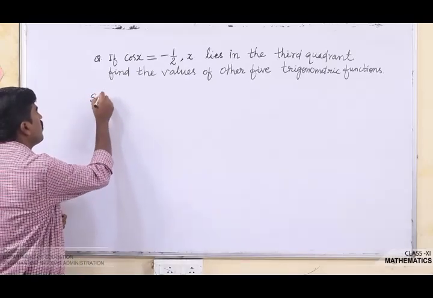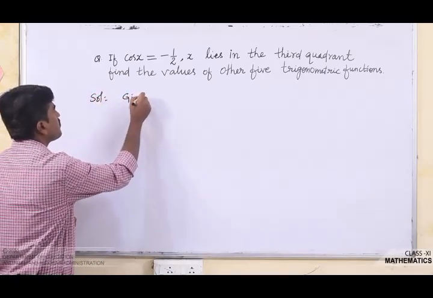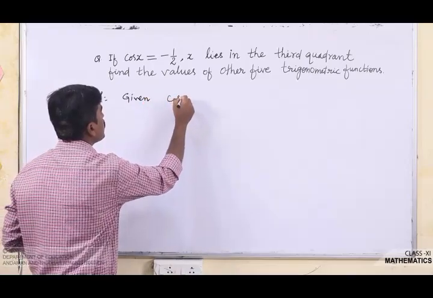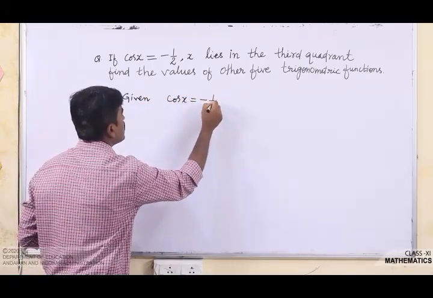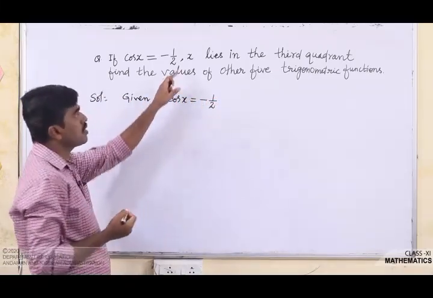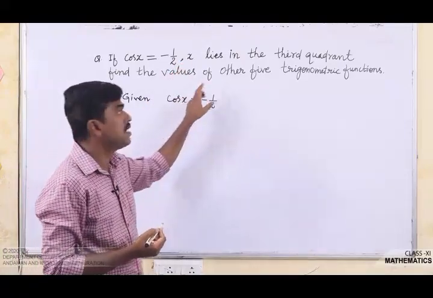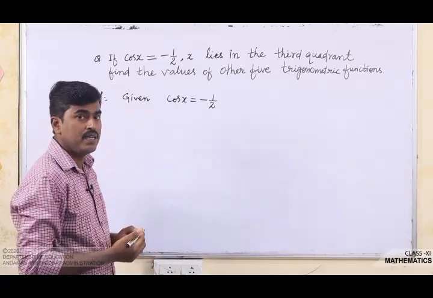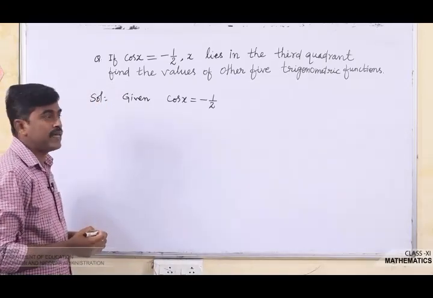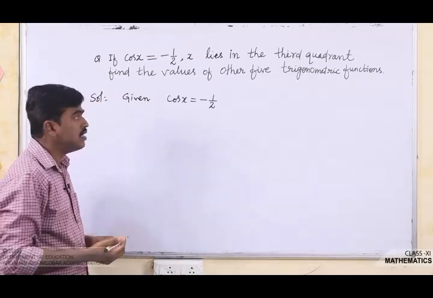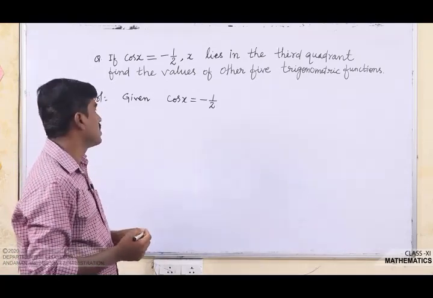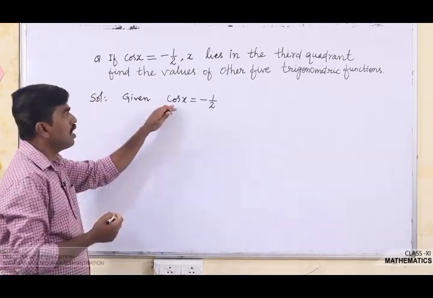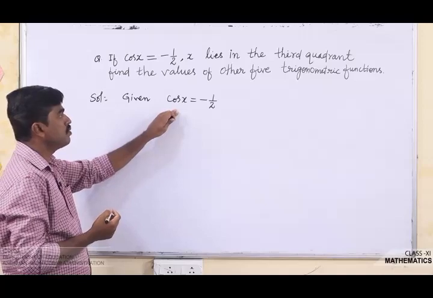So, given cos x is equal to minus 1 by 2 and it is also given that the angle x lies in the third quadrant. That means x is greater than pi and less than 3 pi by 2, that is, x is greater than 180 degrees and less than 270 degrees.